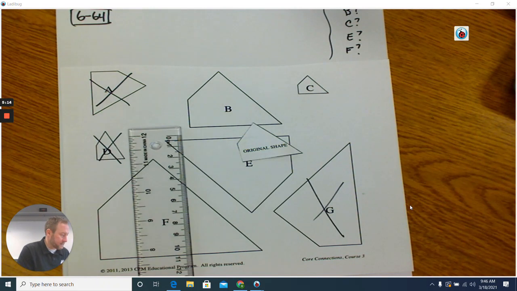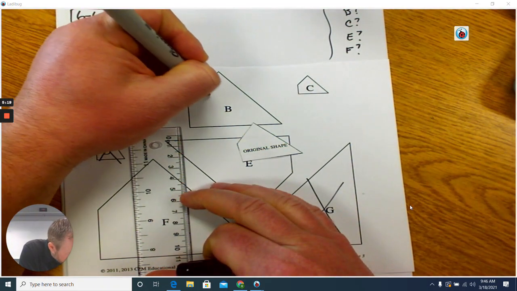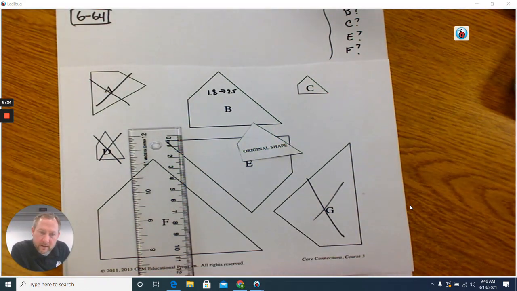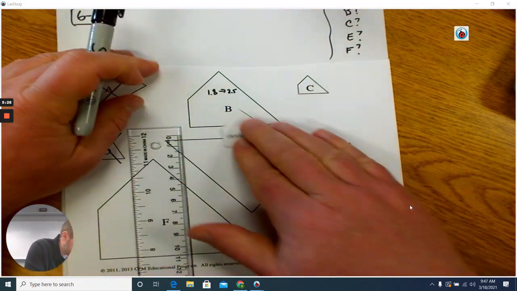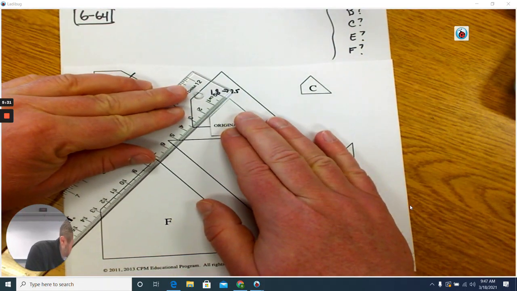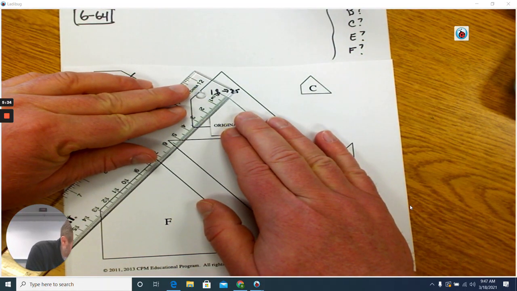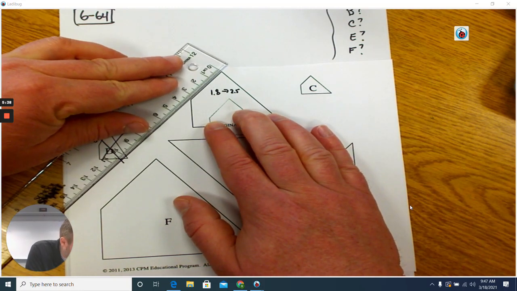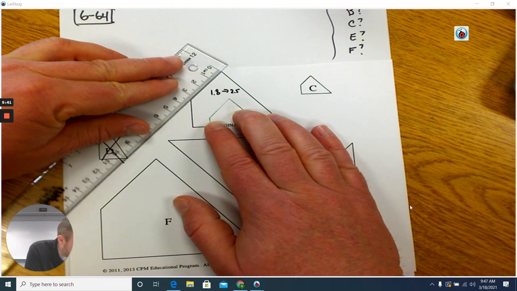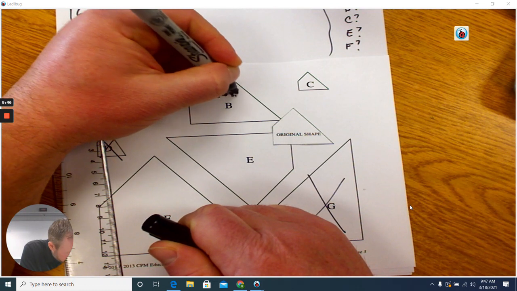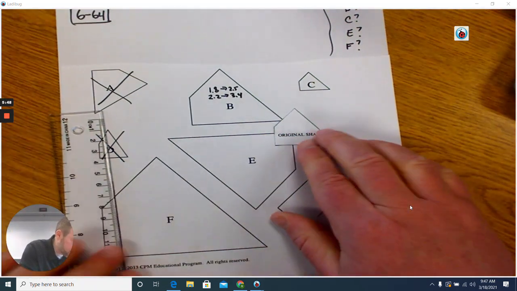So if I just record that, small to large, 1.8 to 2.5. That's the measurements I got for corresponding sides. Likewise, if I measure the side that's on a diagonal here, I get what appears to be about 2.2 to 3.4. 2.2 to 3.4. And I'm going to do that to all of them.